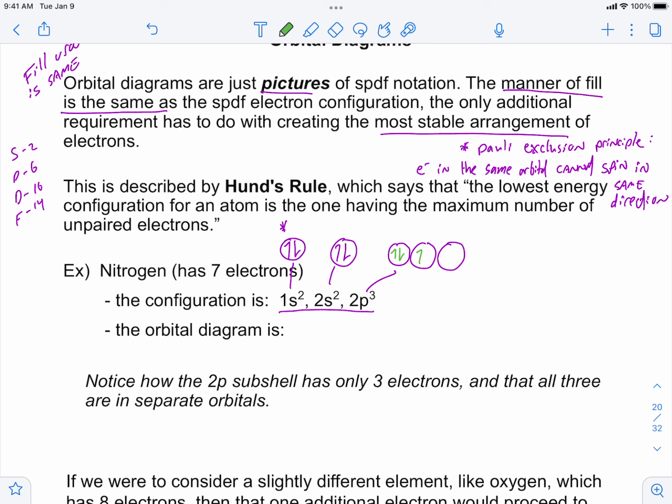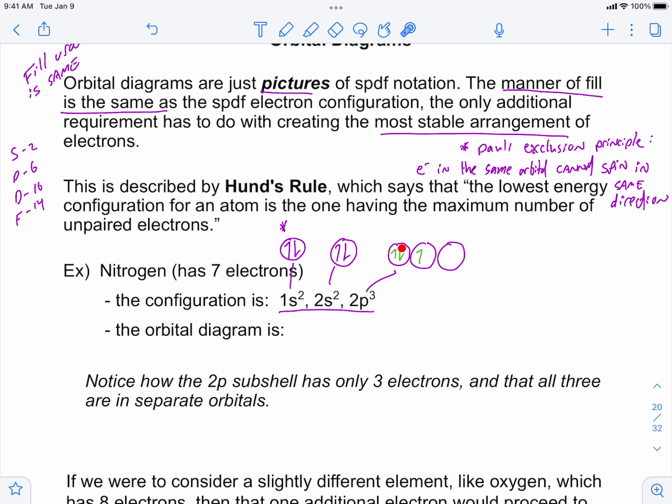So, here's the problem. In this situation, you have 2 electrons that are both in the same orbital, but there's this empty orbital over here. Electrons all have what kind of charge? Negative charge. And whenever you put 2 things with the same charge near each other, they're going to repel. They're going to push away.